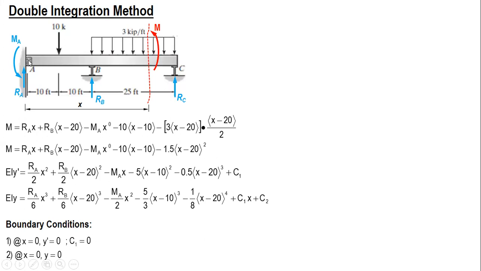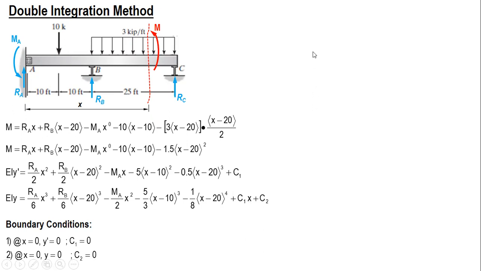At point A, where x equals 0, the deflection is equal to 0. Looking at this equation, the terms with 0 minus 10 and 0 minus 20 are neglected, so everything is 0. Therefore, C2 equals 0. So the constants C1 and C2 are both equal to 0.